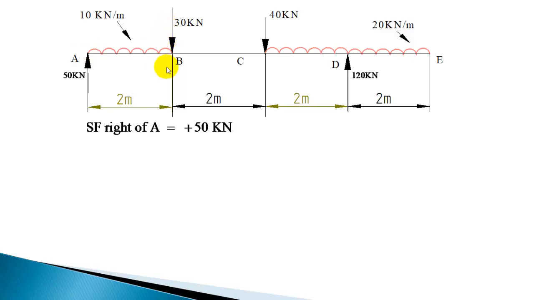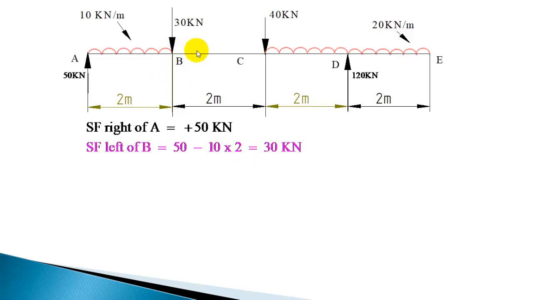Now left of B, plus 50 minus this part of UDL, its complete UDL is coming when you take a section immediately left of B. So plus 50 minus this load is 20. So 50 minus 20, 10 into 2, for 10 kN per meter for 2 meter. So it is 20. 50 minus 20, you get 30. So that is immediately left of B.